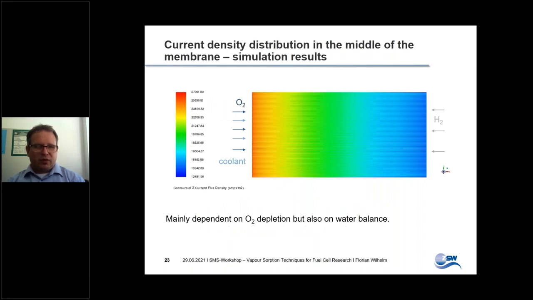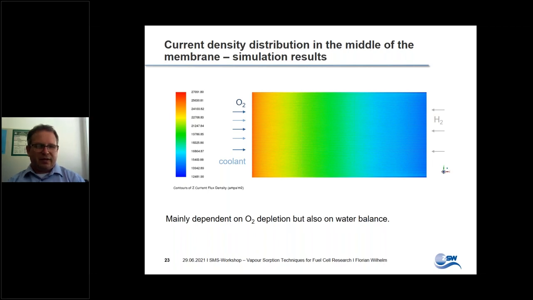Just to show from the point of view of results why this is important. This is a current density distribution over a typical automotive flow field area, just showing the active area.